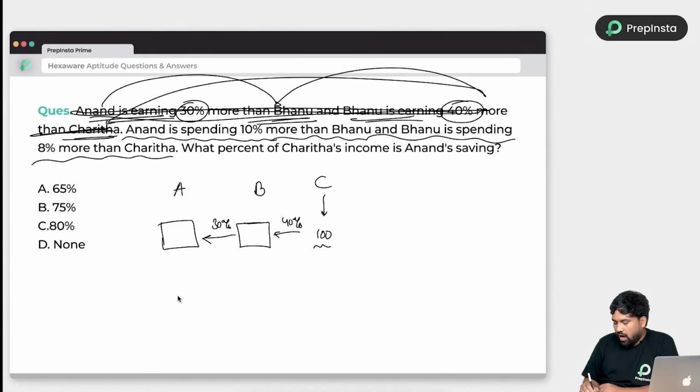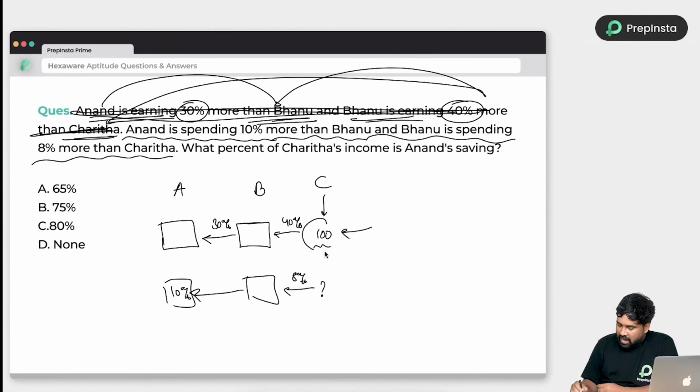Okay. Next, Anand is spending 10% more than Bonu and Bonu is spending 8% more than Charita. So Charita is spending some amount and Bonu is spending 8% more and A is spending 10% more. So if you see guys, Charita we have assumed 100 rupees she is earning, but expenditure or spending we can't assume. Remember this.